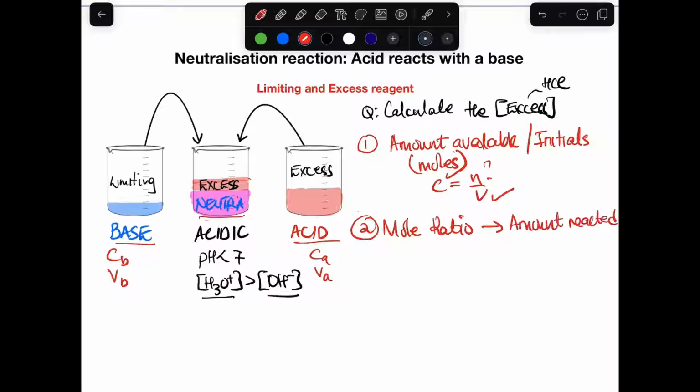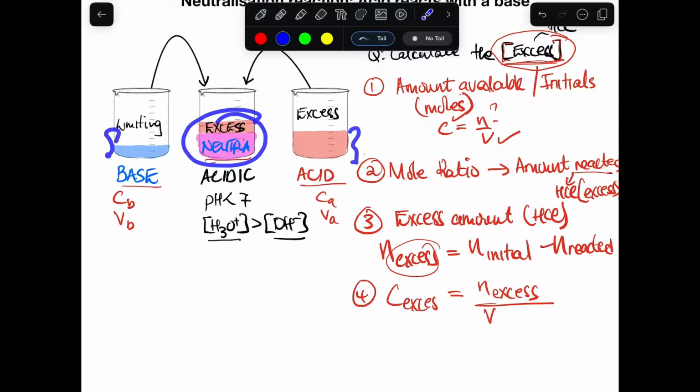So you will say the concentration of an excess is equal to the number of moles excess divided by the volume. Remember, this excess, where is it? It is in this total volume. So this total volume, you add this volume plus this volume.